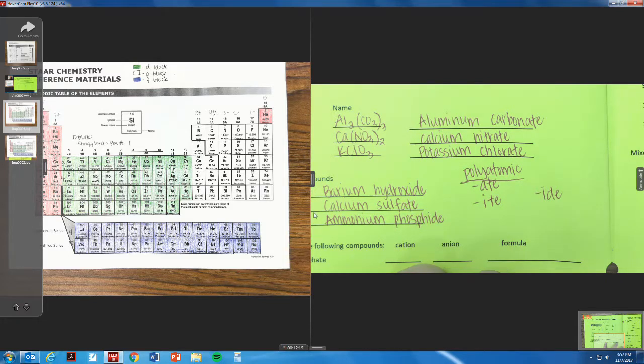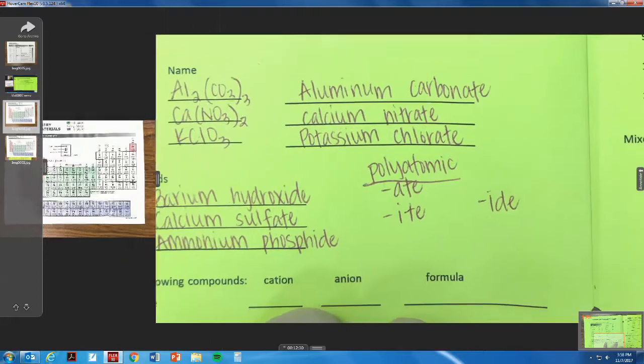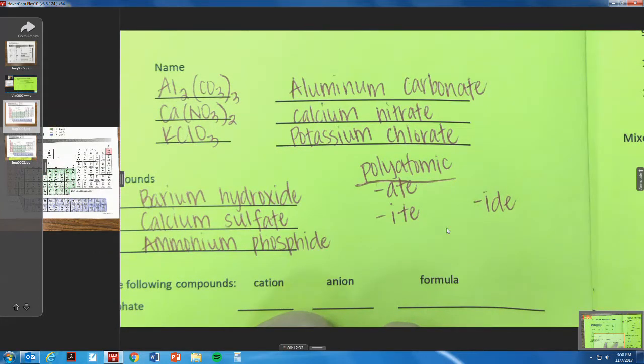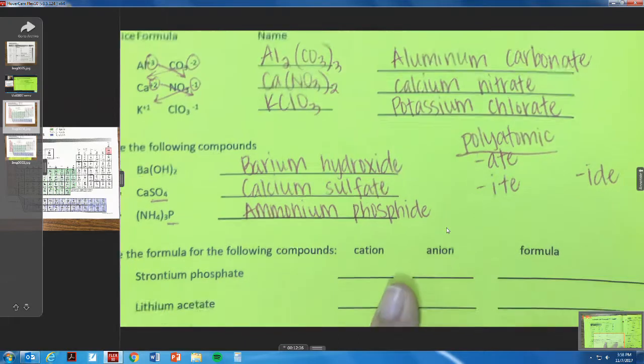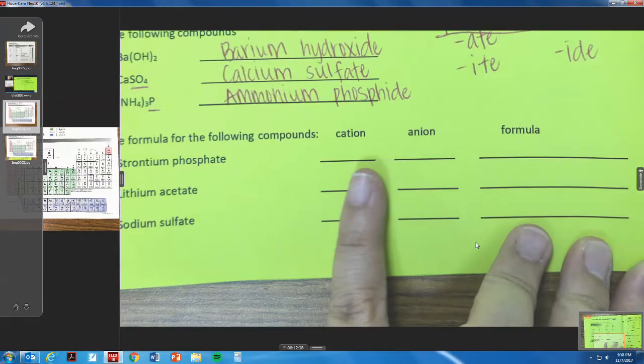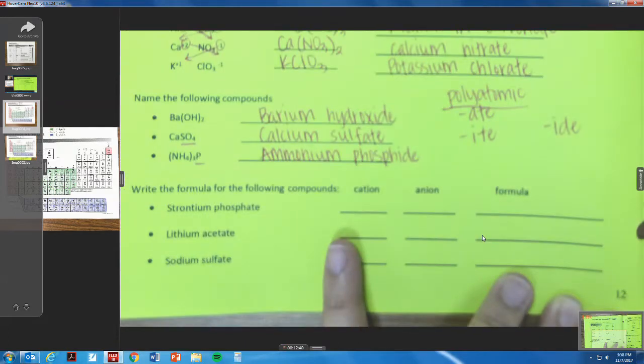Okay, so just like phosphide, since we only had one element, it's going to be considered just a regular ionic compound. Okay, so you would name it just like that. Okay, so IDE. Okay, so let's go ahead and keep going for the last few examples that we have.